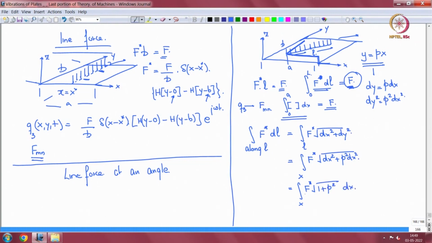So, this augmented force along the x direction is equal to the F star along the L direction. So, I need this much of a factor over here to keep my amplitudes correct. Okay. So, now it is pretty straightforward from here.